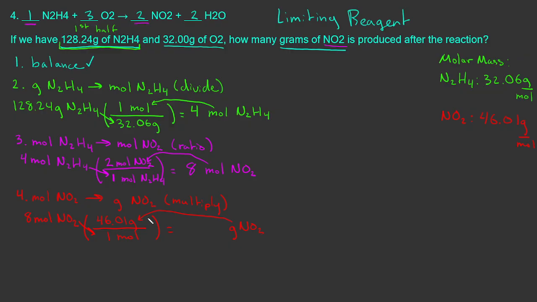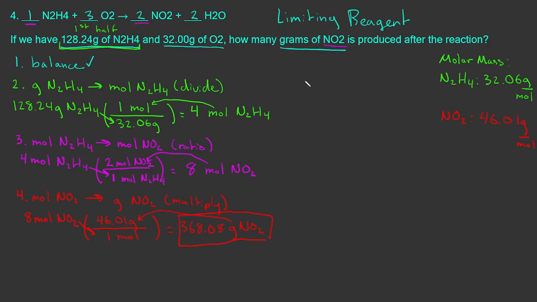Let's put this into our calculator real fast, and we get 8 times 46.01, which is equal to 368.08 grams. And so for the first half of our problem, we get 368.08 grams of NO2.